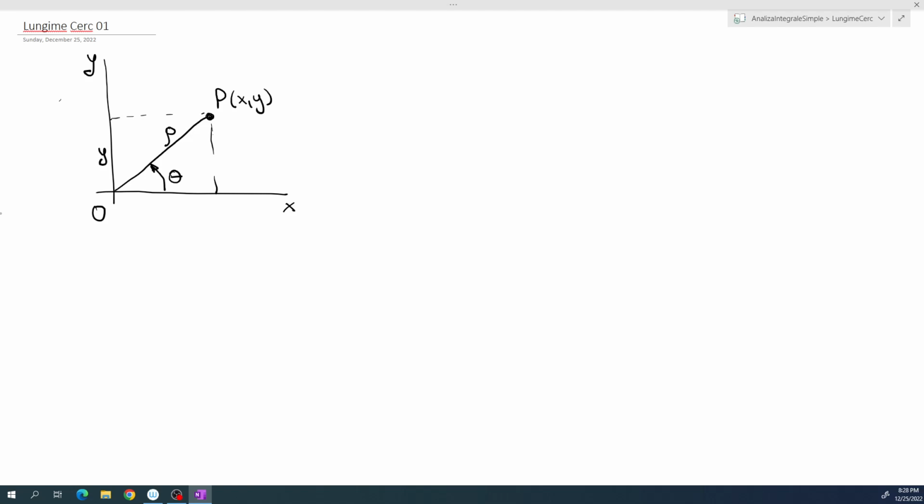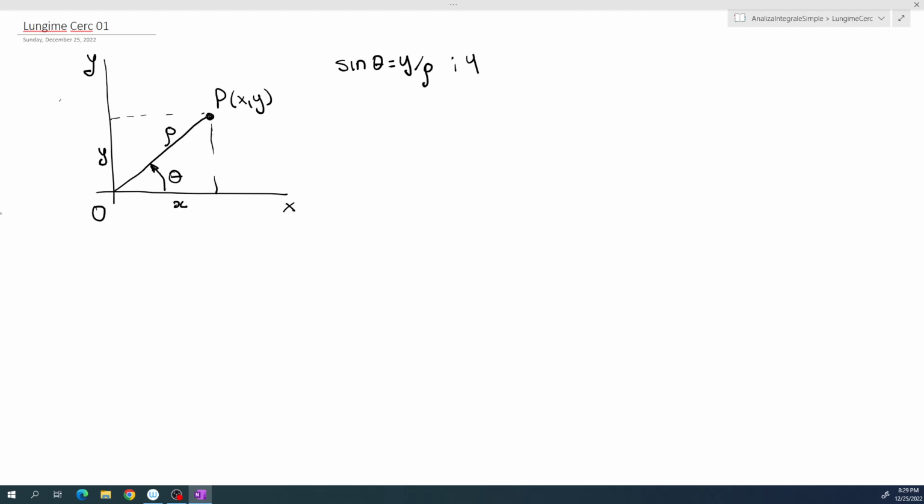So this is Y and this is X, and there is a relationship between the pair XY and the pair rho, theta. Then I have sine of theta, which is equal to Y divided by rho.